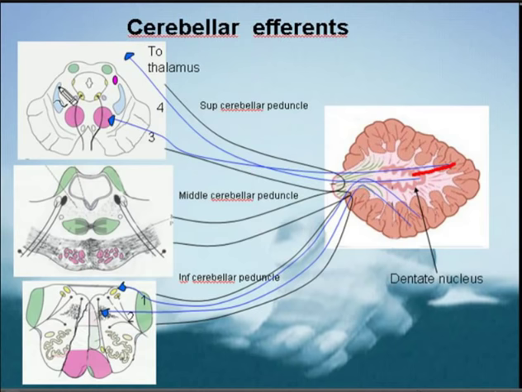The first one is that from the cerebellum you have a bilateral connection with the vestibular nucleus. The vestibular nucleus, if you remember, sent vestibulocerebellar fibers through the inferior cerebellar peduncle. From the cerebellum, you have information going to the vestibular nucleus also. What does the vestibular nucleus do? This is important for balance.